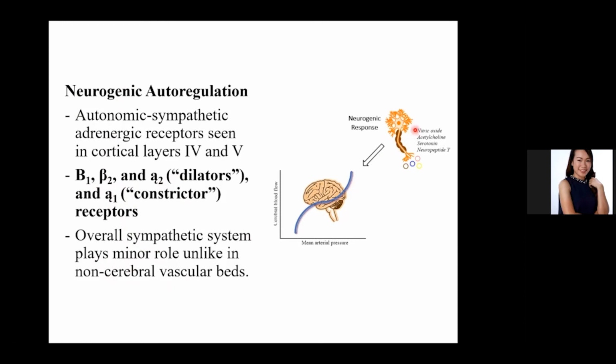So we have here some of the neurotransmitters: your acetylcholine, serotonin, neuropeptide Y, and nitric oxide. These are very important for neurogenic response. So they will either cause dilation or constriction of the blood vessels depending on the needed response in the body.